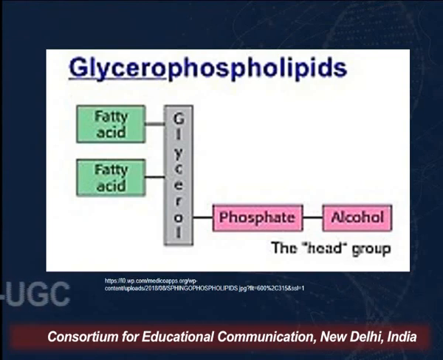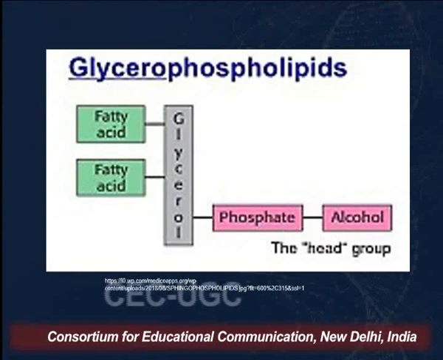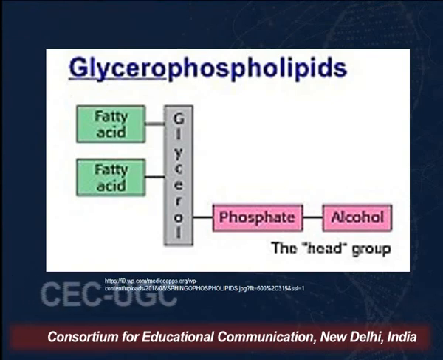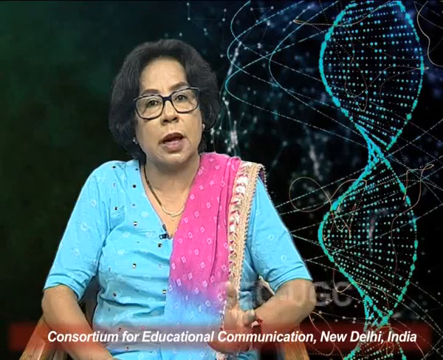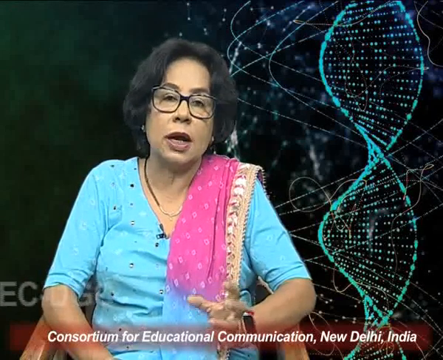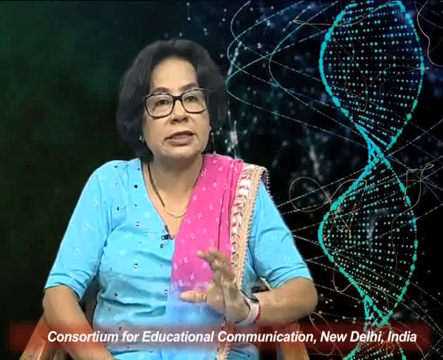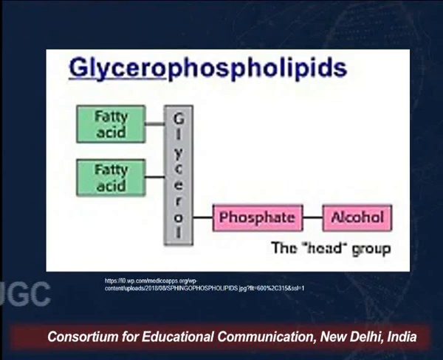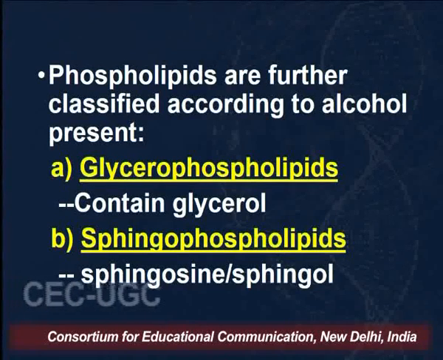So we get two esters here, and the third OH group is attached to a phosphate group by phosphoester linkage, and this phosphate group is then again attached to an alcohol group which can be an amino alcohol, which can be ethanolamine or serine, through again phosphoester linkage. So this diagram which you're seeing on your screens is a schematic diagram. If you are given this diagram, it should immediately come to your mind that this molecule is representing a glycerophospholipid.